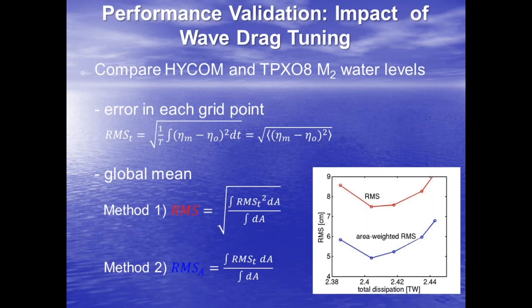That could be tide gauges, it could be bottom pressure gauges, which are deep water tide gauges, or it could be one of these altimetric representations of the tides. And then I adjust my parameters and fiddle with my model a little bit to try to minimize the RMS difference between what I think the real tide is and what my tide forecast is.